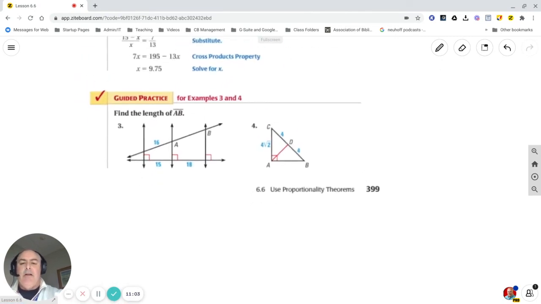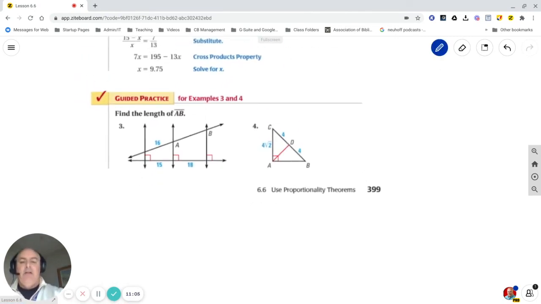Looking back real quickly on these examples, if I remember my 3 lines, they're going to be parallel because they are all right angles. I have my transversal. And so now I can look at my relationships. I can either go 16 over 9 is my unknown over this, or I can do 16 over that is 15 over 18.